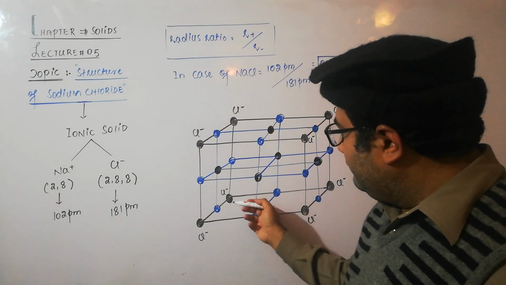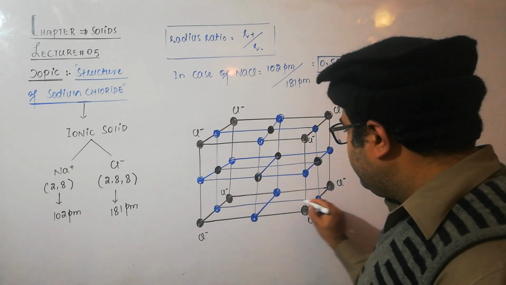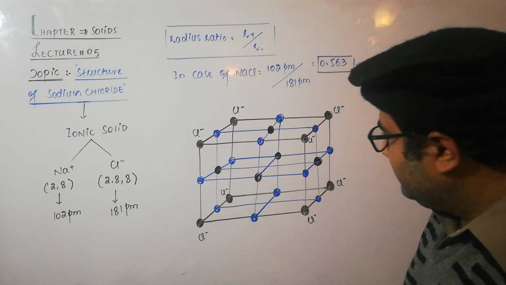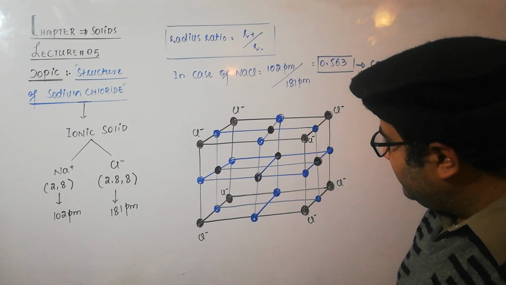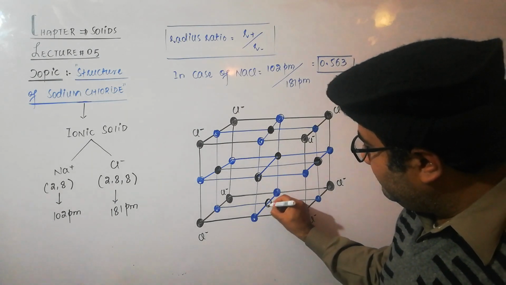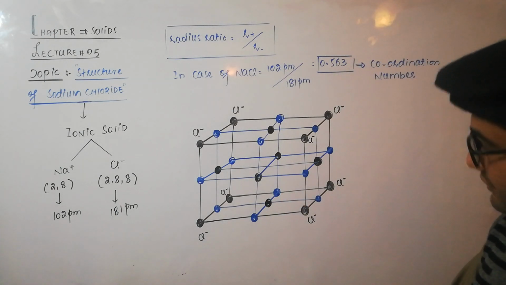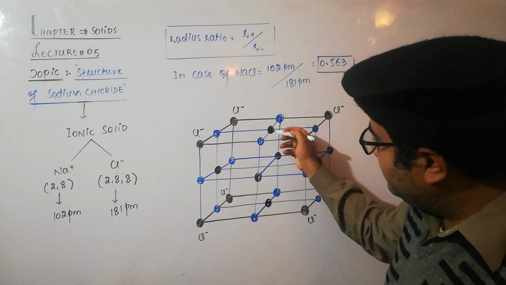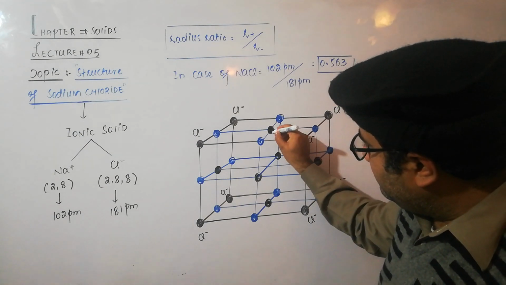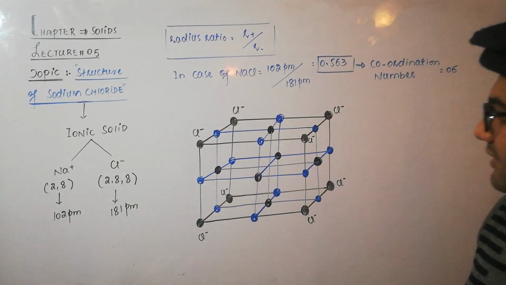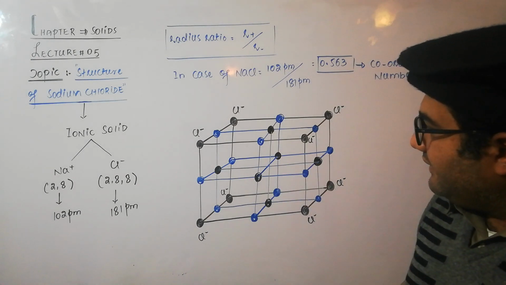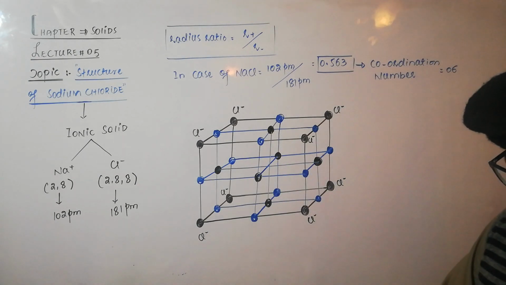And to mention the center of this face, first of all join these 2 sodium ions and then place a chloride ion here at the center of the face. Now again join these 2 chloride ions together. So this one will make the structure of the sodium chloride.